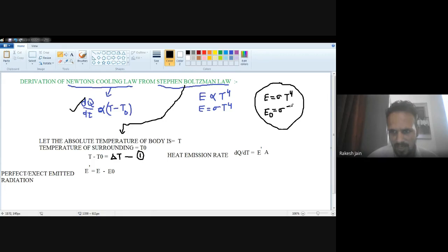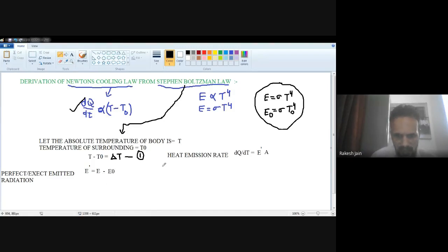When I put the temperature as the temperature of the perfect black body, T, then E is equal to sigma T raised to the power 4. And when I put the temperature of the surroundings, T0, then E0 is equal to sigma T0 raised to the power 4. So E dash is equal to E minus E0.